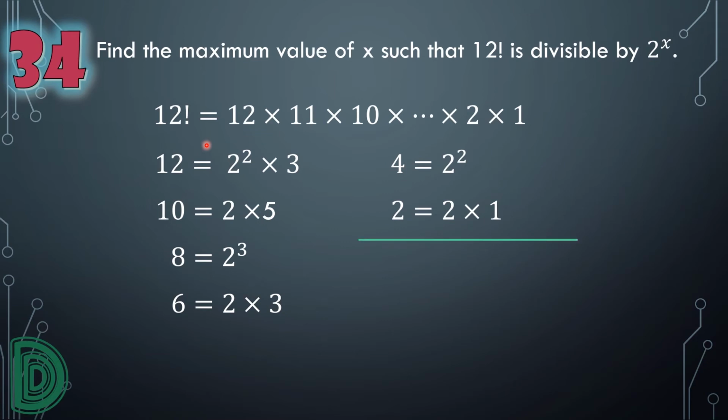Then we have the product 2 squared times 2 times 2 cubed times 2 times 2 squared times 2. Hence, 12 factorial can be represented by 2 raised to 10 times k, where k is the product of all the remaining factors. Therefore, the maximum value of x is 10.